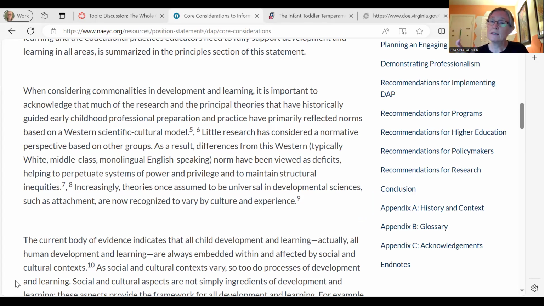And so when we look at the child development research and theories around how children develop and learn, we have to be aware of the fact that the folks that originally were doing that research and putting together that information were really basing their thoughts and their research on specific groups of children and specific ways of caring for and educating young children, right? And so this may look different for different groups and in different places.